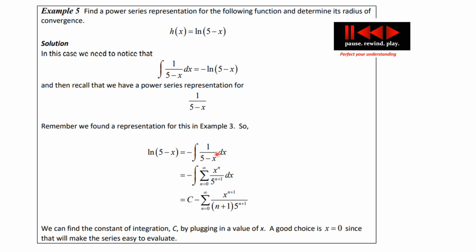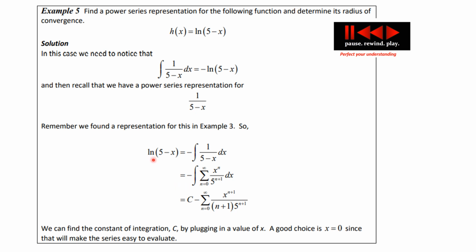This is the representation that we had for 1 over 5 minus x. So now we're going to integrate this term by term. We add 1 to the exponent and divide by the new exponent.